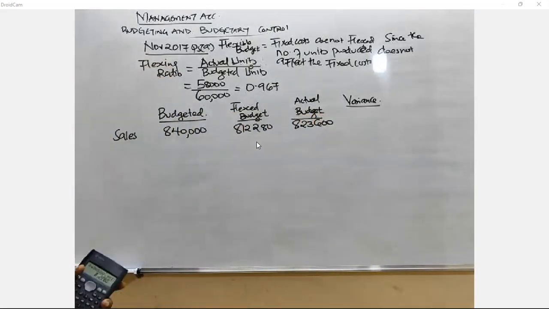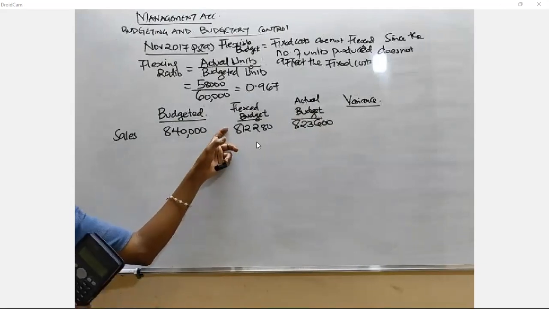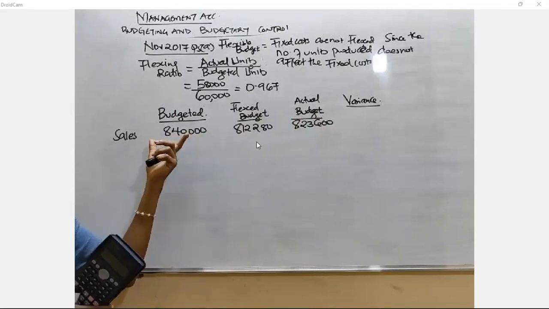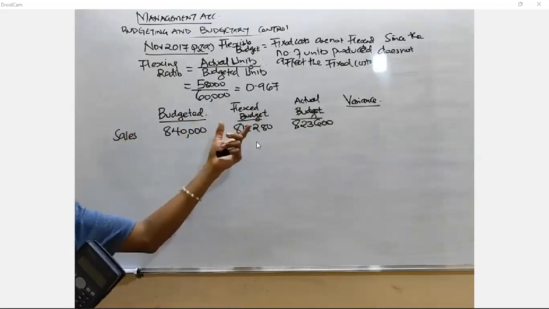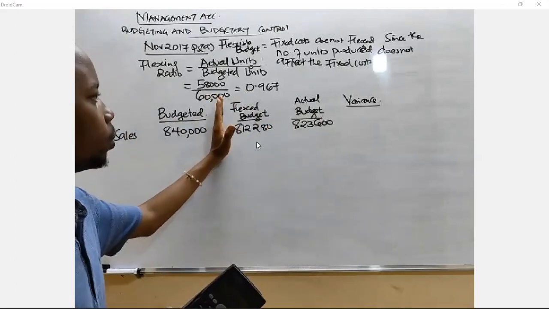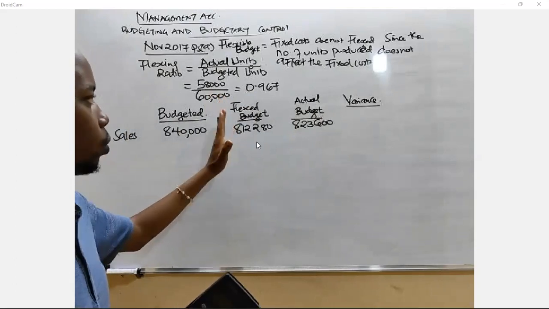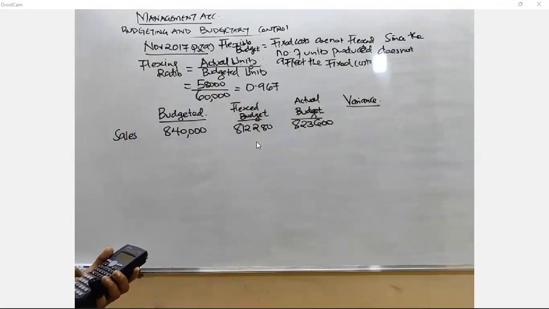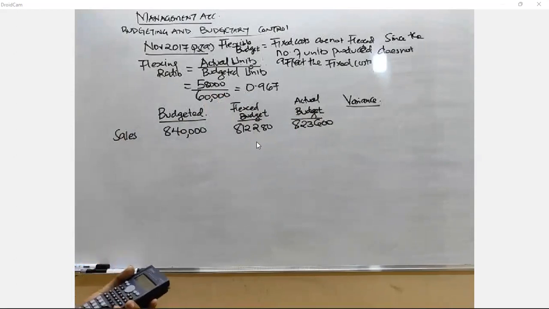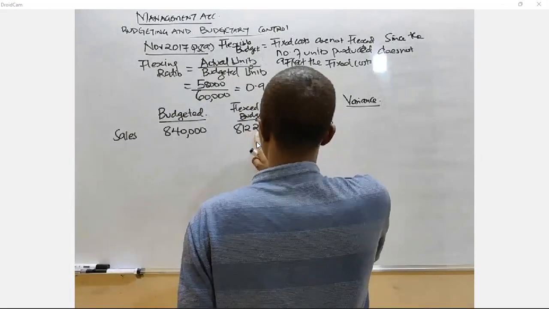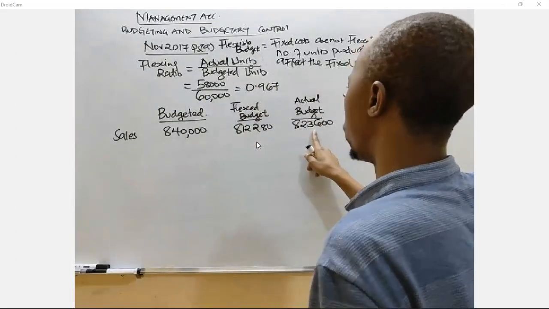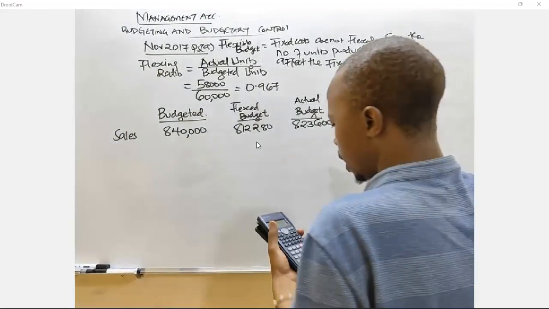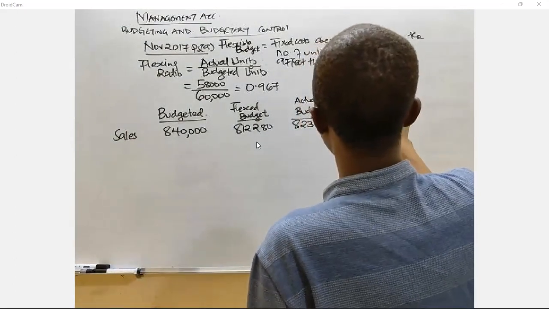Remember, the purpose of the flexible budget is to match between what was budgeted and the actual. So when we want to look for the variance, you are doing a comparison between the flex budget and the actual. We budgeted for 812,280 in sales, but we sold more, 823,600, getting a variance of 11,320.